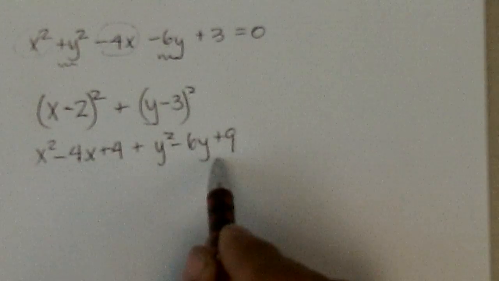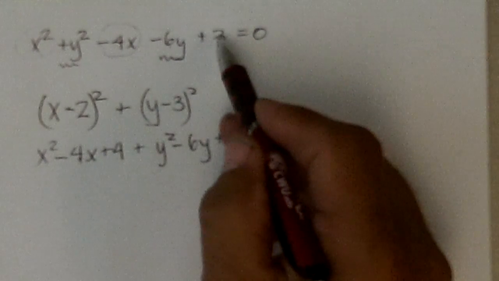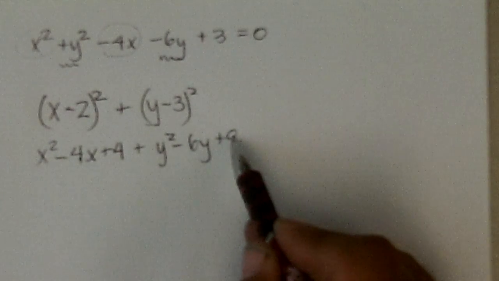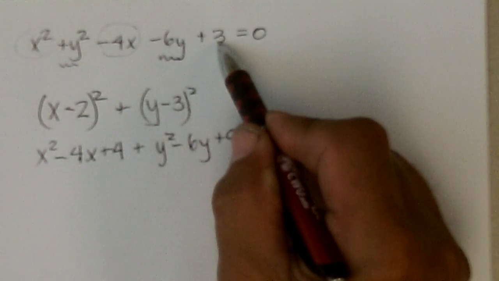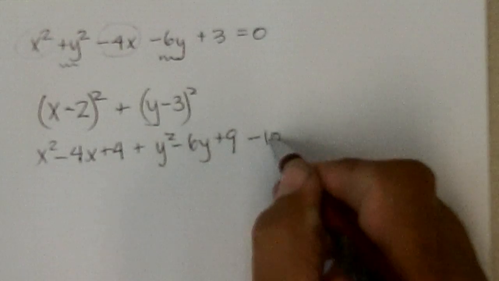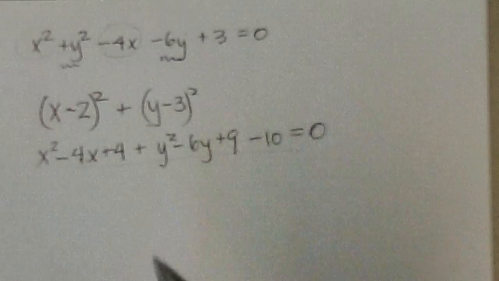So this has to be in this. But it's plus 3. Well, 4 and 9 is 13, but I have to have just 3. So there must be a minus 10 in this to make this equation the same as that.